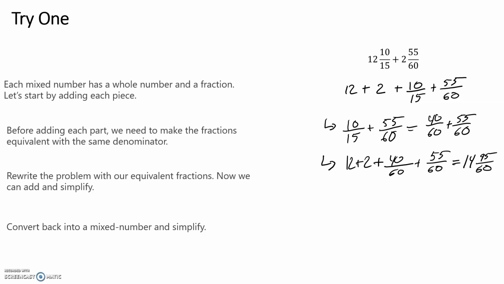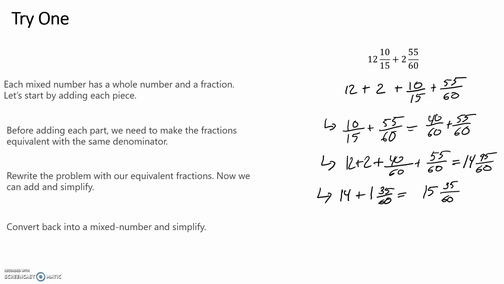Now I need to convert that 95/60 into a mixed number. So that's going to be 14 plus 1 and 35/60, and that's going to be 15 and 35/60.